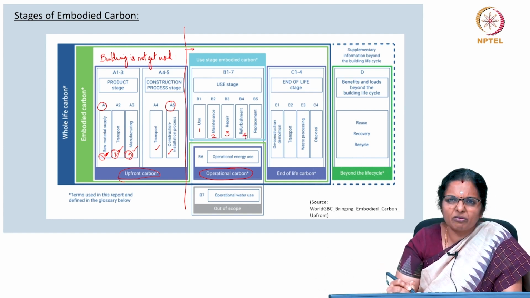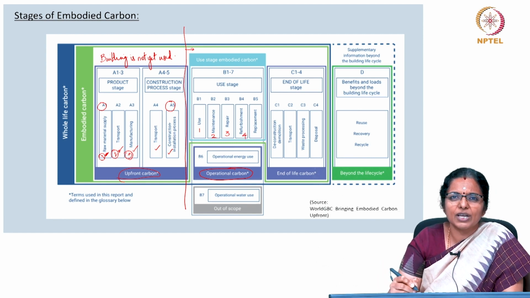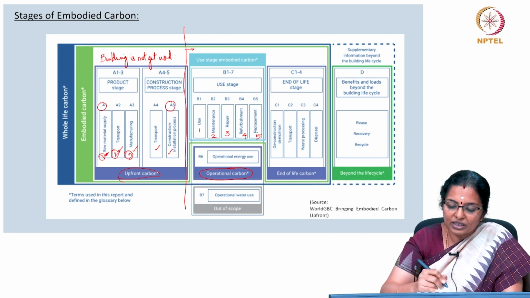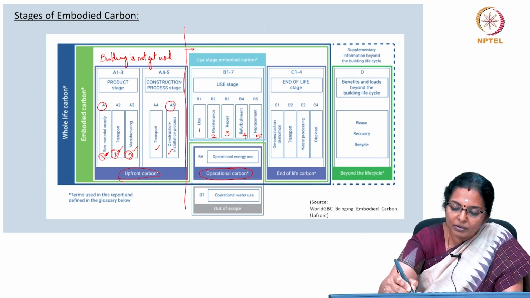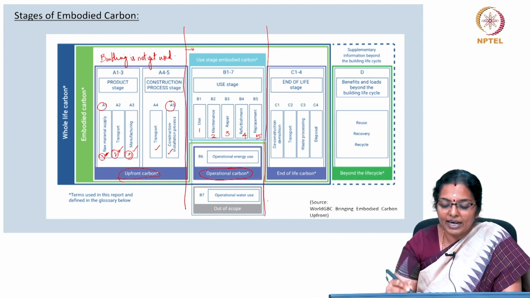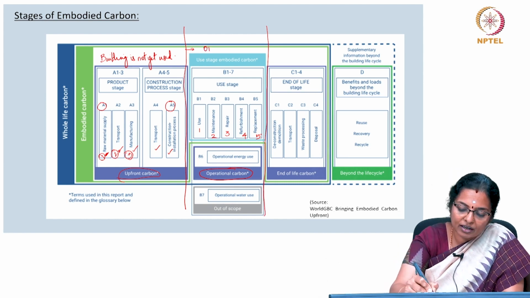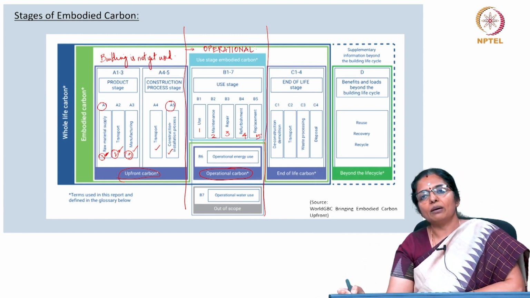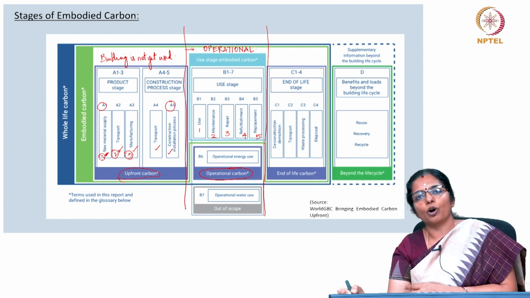It's not working well, so I might think of changing a particular part, or you replace it completely. So, the embodied carbon up to this stage is called operational carbon, because that is the carbon dioxide which is released when you operate the particular product. Imagine the same thing for another product like a mixie.